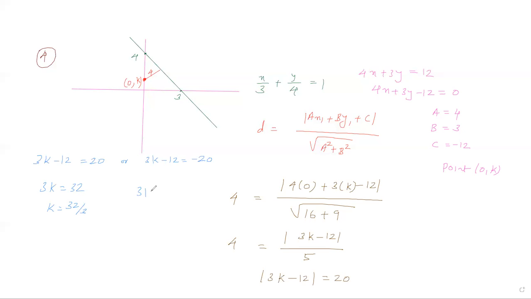From the second you will get 3k is equal to minus 8, so k is equal to minus 8 by 3. So the points can be (0, 32 by 3) or (0, minus 8 by 3). These are the 2 points on the y-axis where the distance between that point and this given line is 4 units.